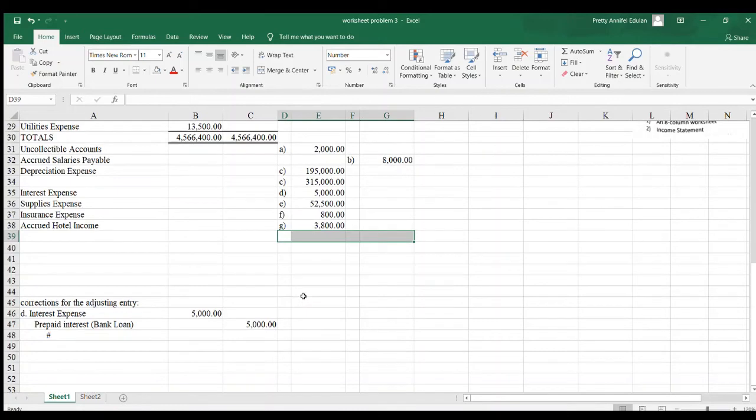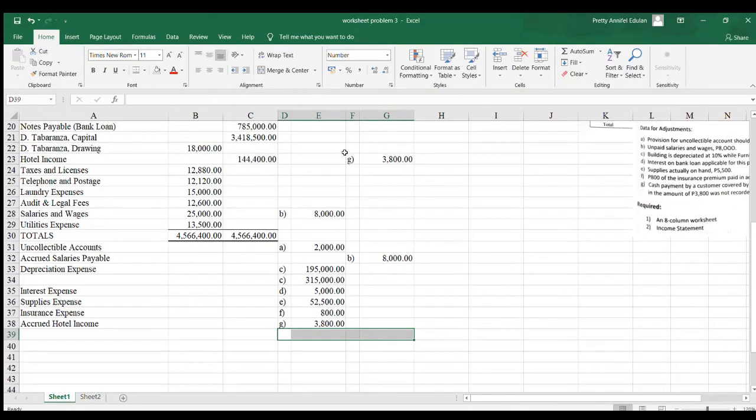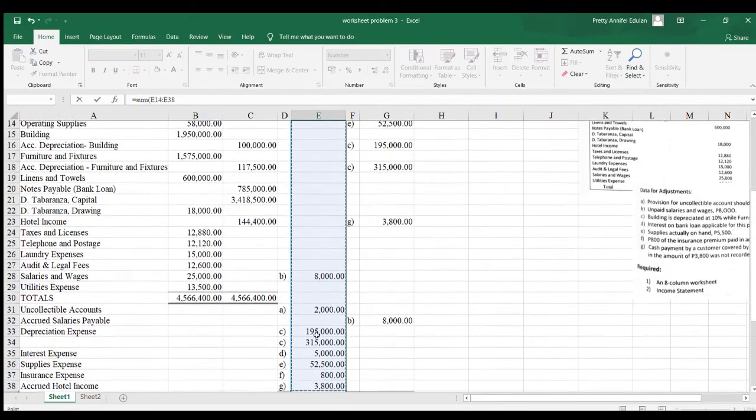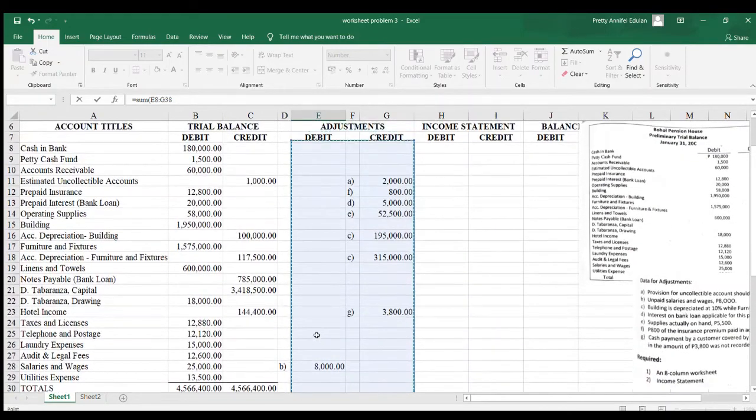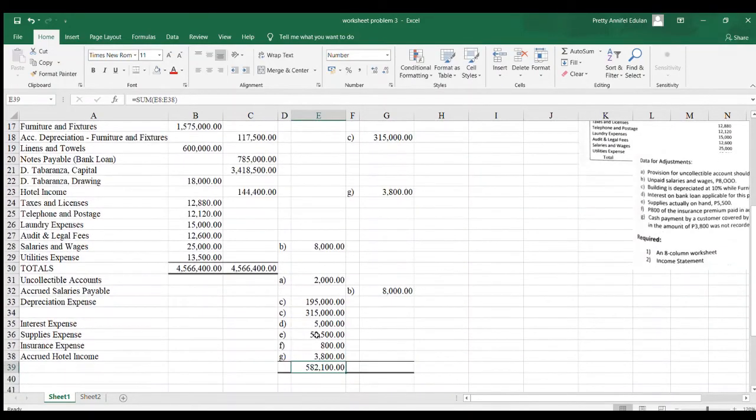Did we already credit the hotel income? Let me see. Okay. So let's see whether this is balanced or not. Oh, sorry. Oh, so it's balanced. This is the totals.